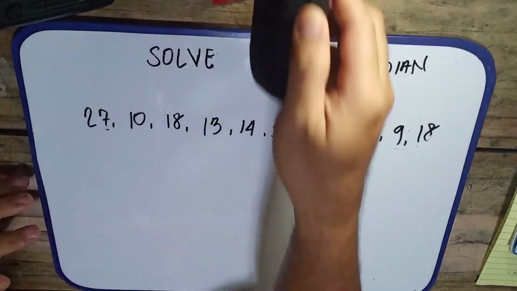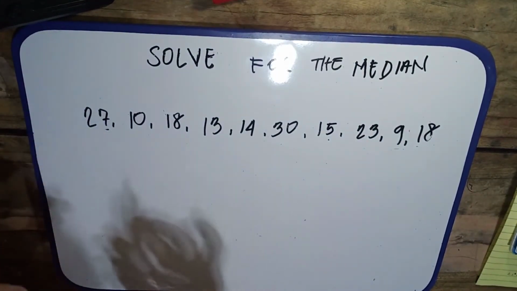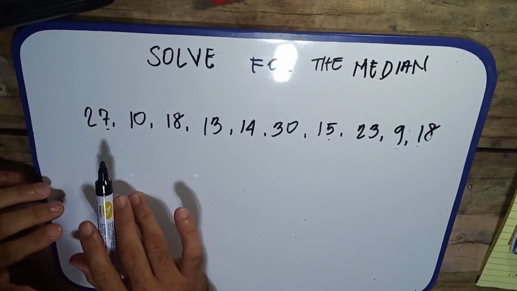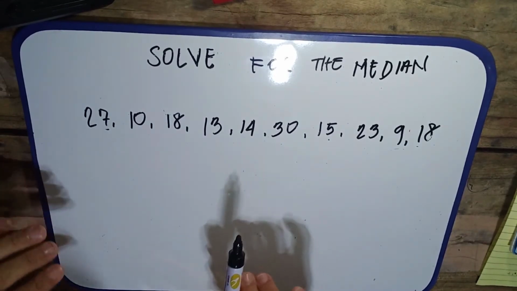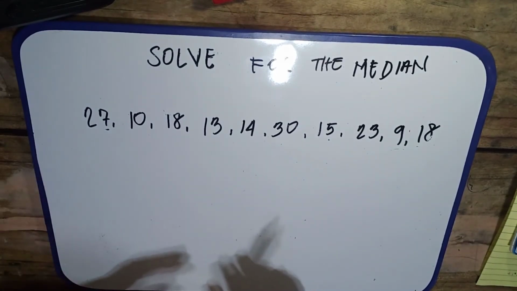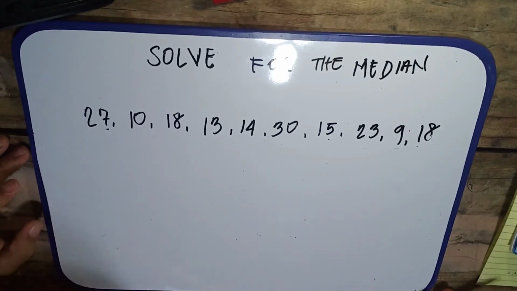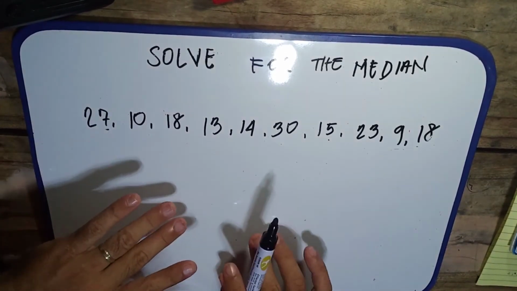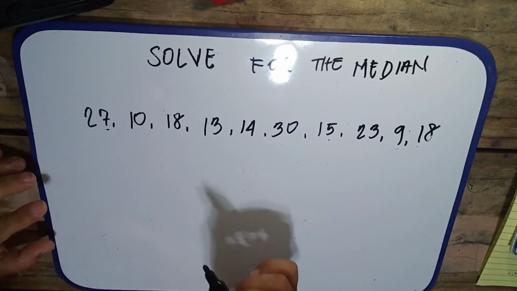Alright, so here guys, I have a set of numbers, the same as my example in the mean, but the count here is even, so there are 10 numbers in the data set. Right? So first, we are going to rearrange all these numbers from lowest to highest.